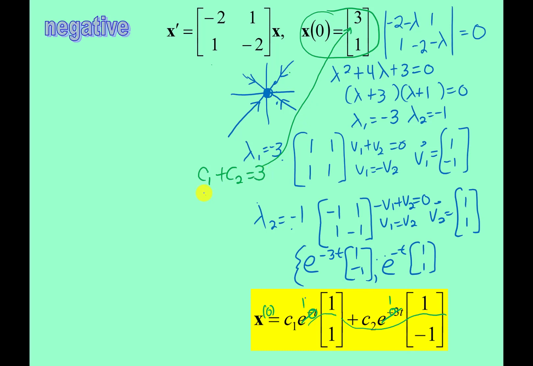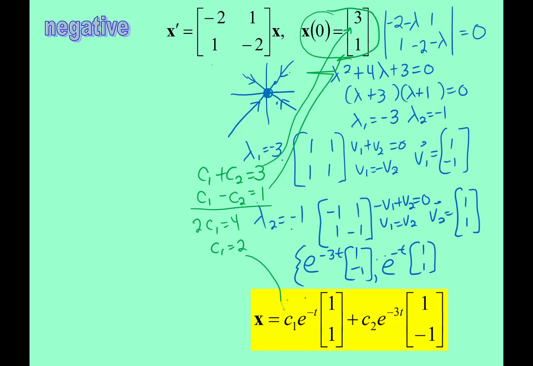Now looking at the lower components, I have C1 minus C2, and that one needs to equal 1. So we can solve this system of equations. 2C1, I'm just adding them together, the C2's cancel, equals 4. So C1 equals 2.